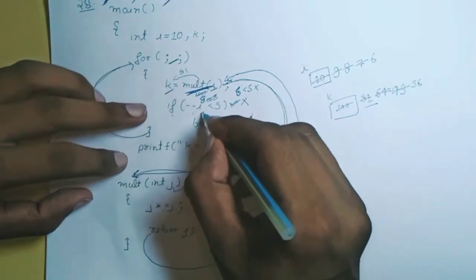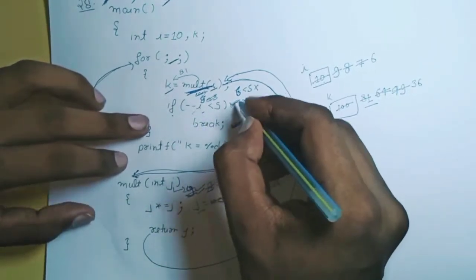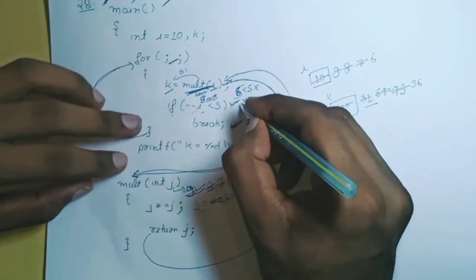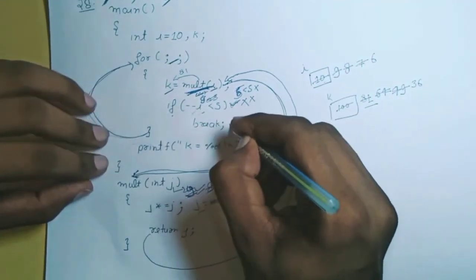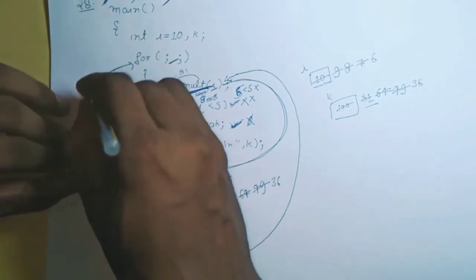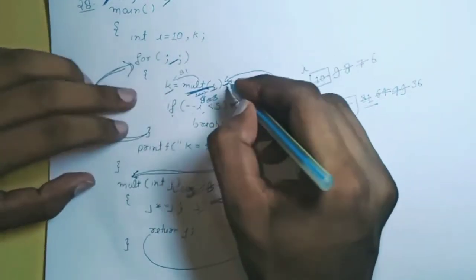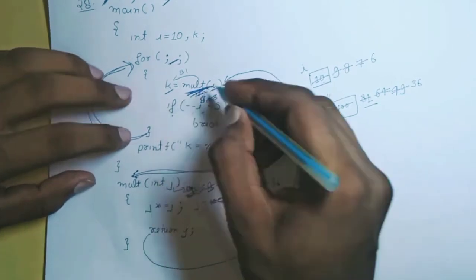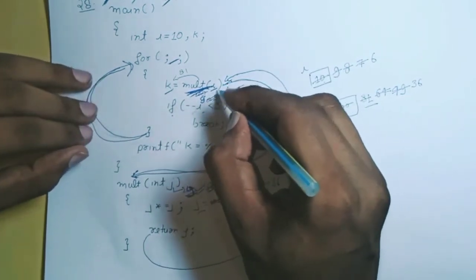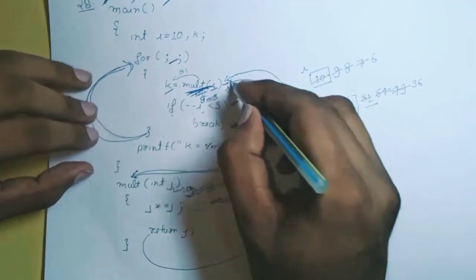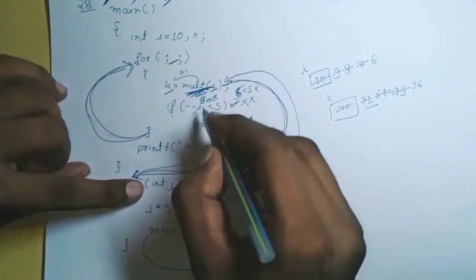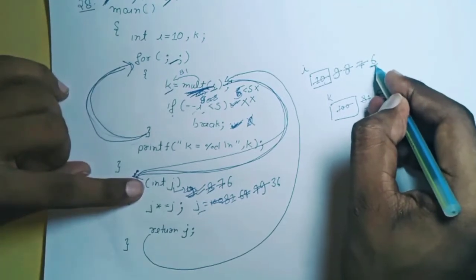Now we come to this line and check the condition: 5 is less than 5. Obviously 5 is not less than 5, so this condition is again false and this statement is not executed. The control again comes to the for loop, and the mult function is called again.